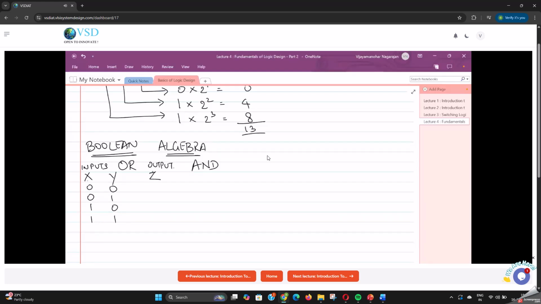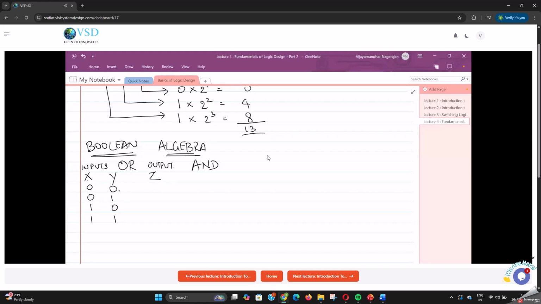Now what will be the output for OR? What did we see? What is the English meaning of the word OR? At least one, correct? If I say either you do this or you do this, it means you do both the actions or at least one of these actions, correct? Suppose, for example, when you write your exams, they say answer question number 4 or answer question number 5.